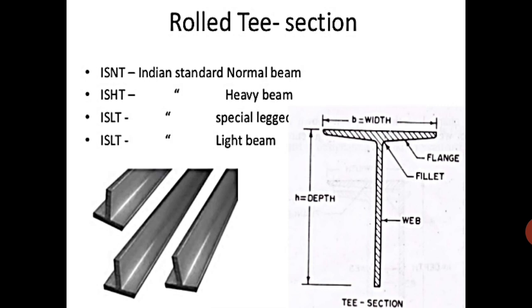Okay, this is the rolled T section. The upper part is known as flange, the angle is known as fillet, and the lower part is the web.